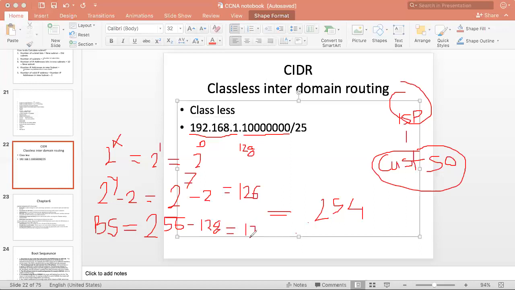Block size means one network will go maximum from 0 to 128, and we have two networks like that. Then let's talk about the subnet mask. What is the default subnet mask? The default subnet mask is 255.255.255.0, correct.